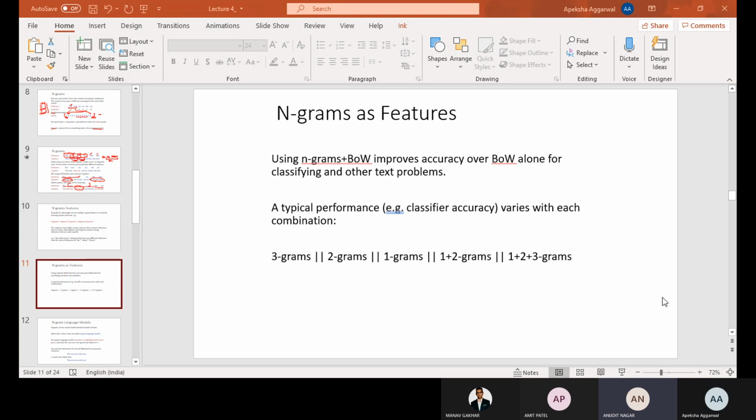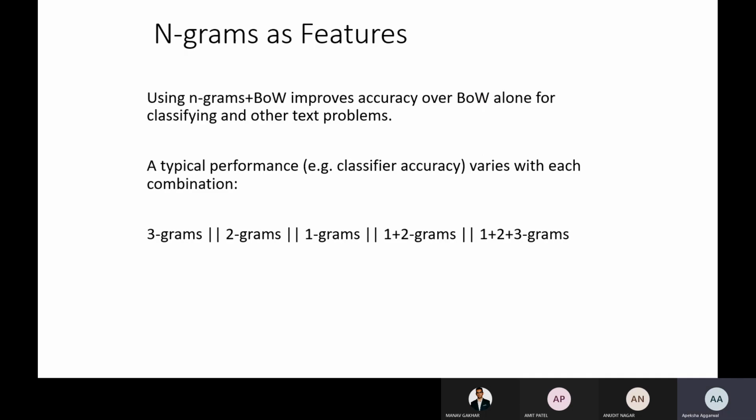Because it has to calculate from all. If you're calculating trigrams, and if there are 100 words, that means it has 100 into 100 into 100 possibilities. Exactly, exactly. The same is the problem here. If we have a vocabulary size of 100, what is the possible number of bigrams? 100 cross 100.